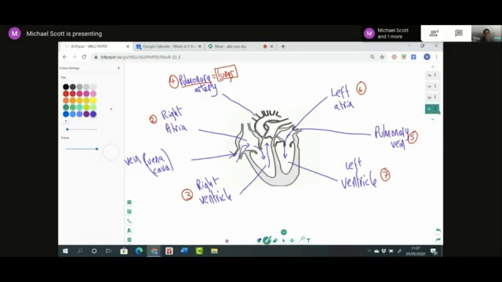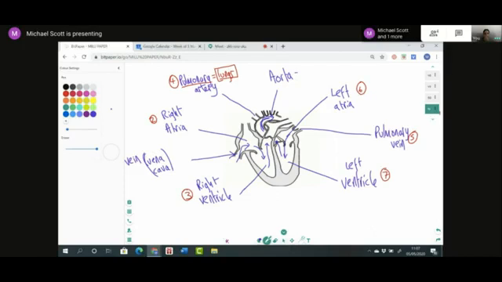After blood's been pumped into the left ventricle, it then gets pumped out of this vessel here. It's this one right here, okay? And this vessel is called the aorta.